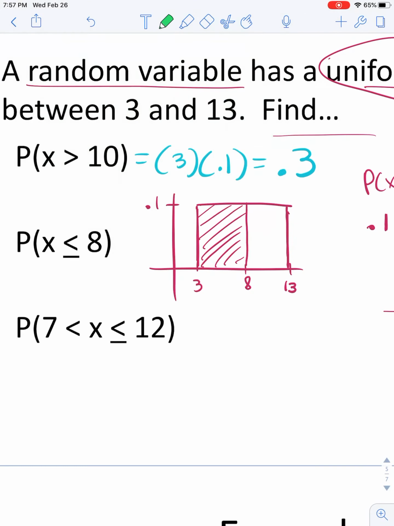This chunk has a base from 3 to 8, which is 5 units wide. 8 minus 3 equals 5. So that's my base. My height is always the same for a uniform. My height's 0.1. So this probability is going to equal base 5 times height 0.1, which equals 0.5. And that'll be our answer.